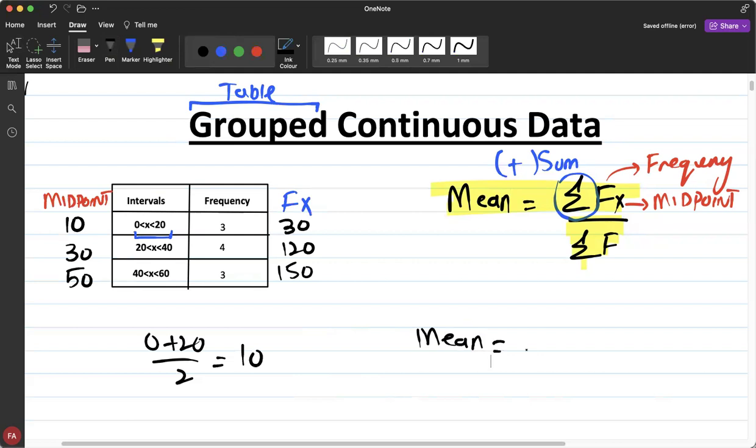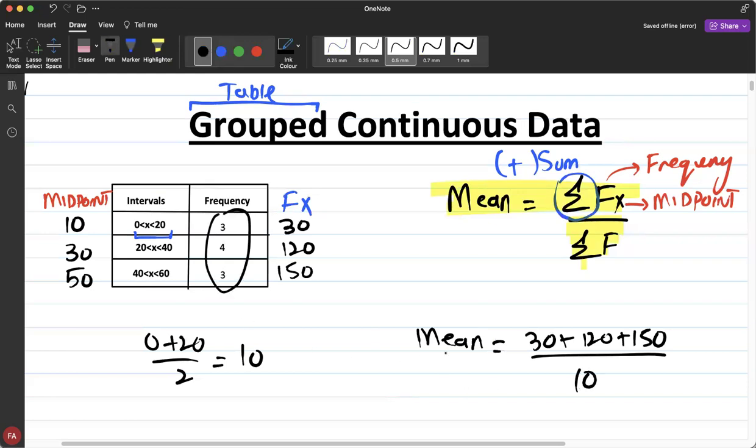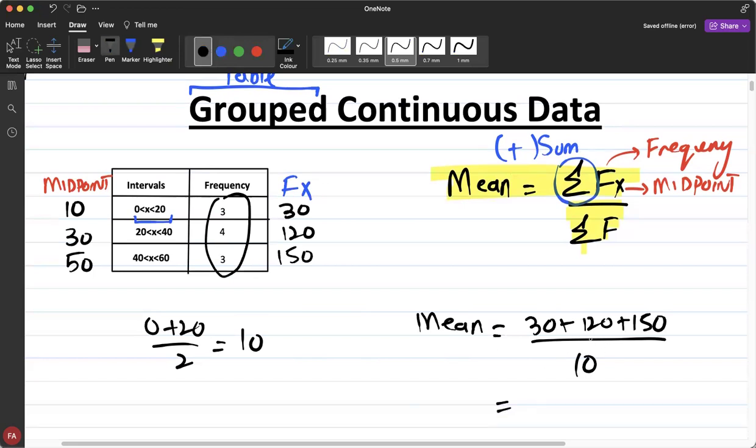To compute, the mean is equal to 30 plus 120 plus 150. In my denominator, I'll write down the frequency, which is 3, 4, 7, and then 10. So I know that's going to be 10. If I add this up, this gives you 300 over 10, which gives you 30. That's going to be my mean.